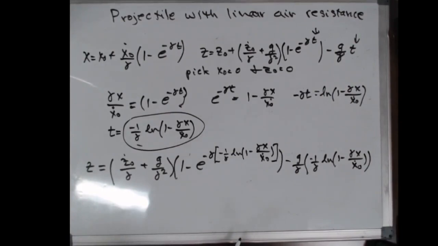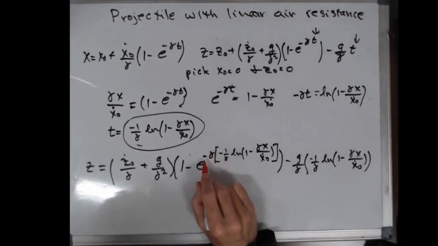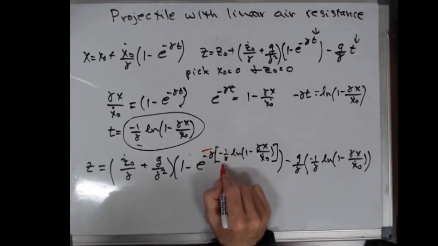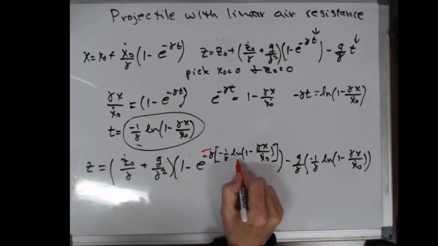You can see this is going to simplify a little bit. For example, I'll put out a different color here. This minus gamma here and the minus 1 over gamma here are going to multiply to 1, and then the log and the e are going to cancel out.